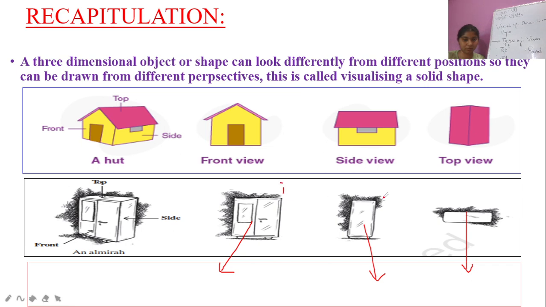This is 1, second and third. First is the top, front or side? Yes, it is the front. And this one is a side. And this shape is looking out top. That way you can find different types of views.